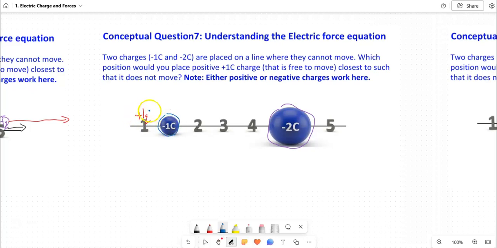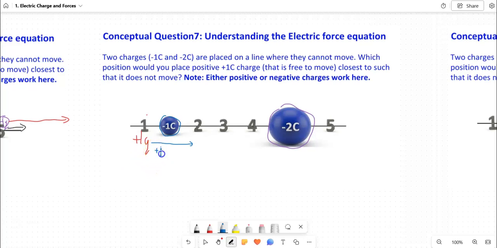This blue charge is going to pull it to the right, and it's going to be a huge amount. I'm actually going to put it down here, just adjusting the vertical part. So this positive 1Q charge is going to get pulled to the right a huge amount.